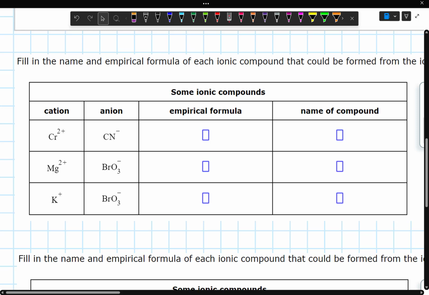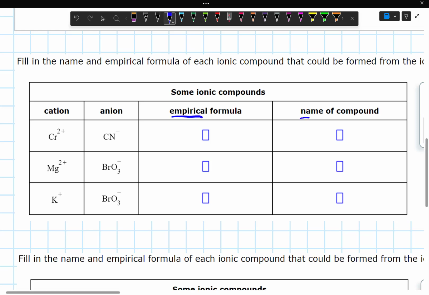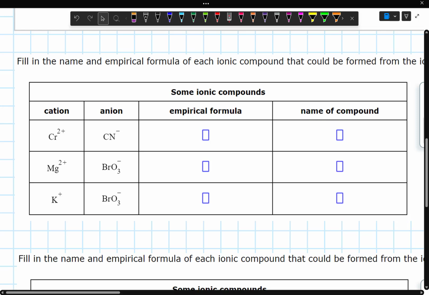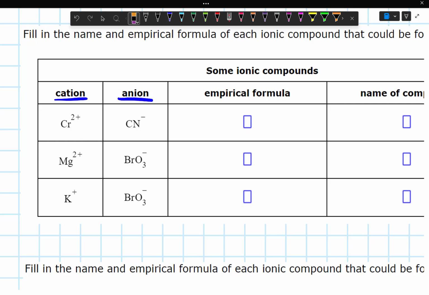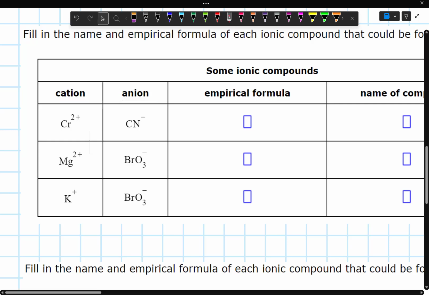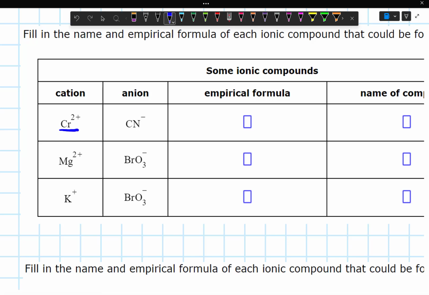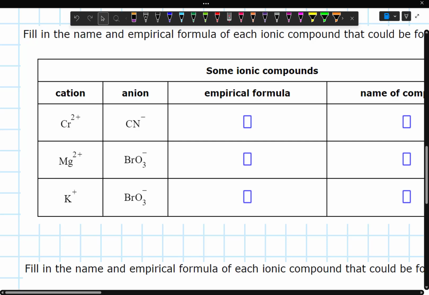So we want to find the empirical formula first, and then we want to find the name of the compound. Ionic compounds, as you know, contain a cation and an anion. And in this case, our cation is chromium, and our anion is the polyatomic ion cyanide. So, how do we write the empirical formula?